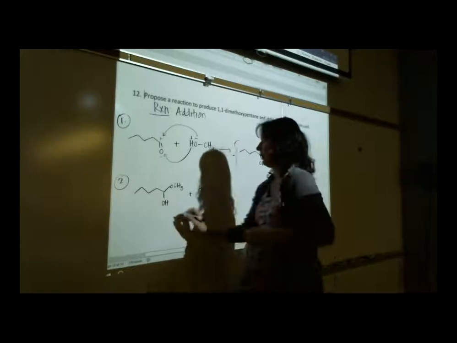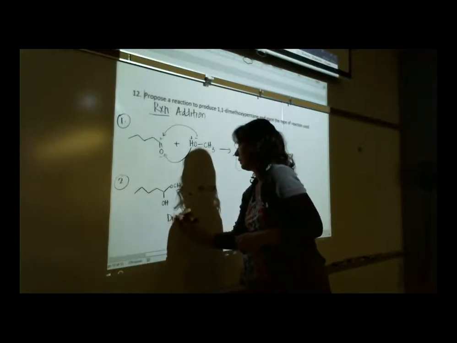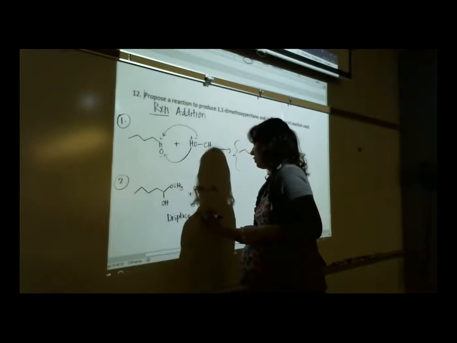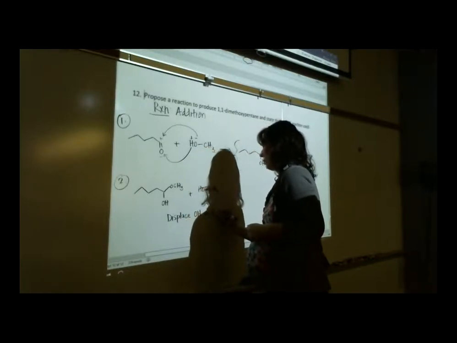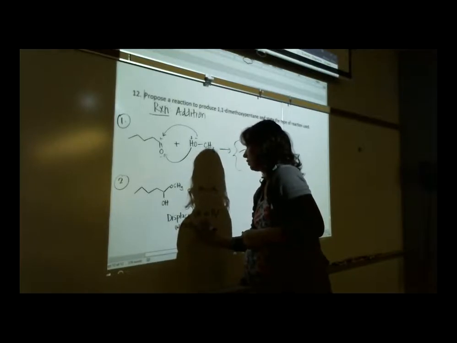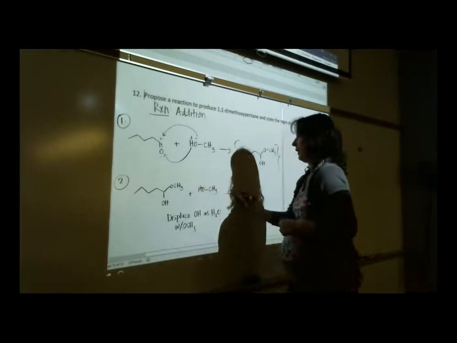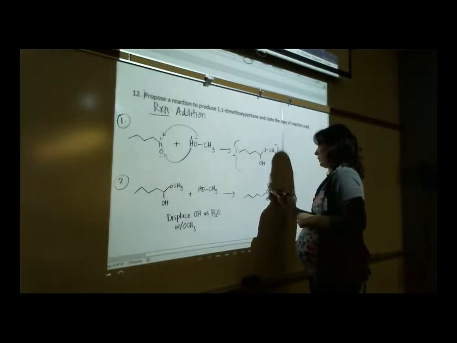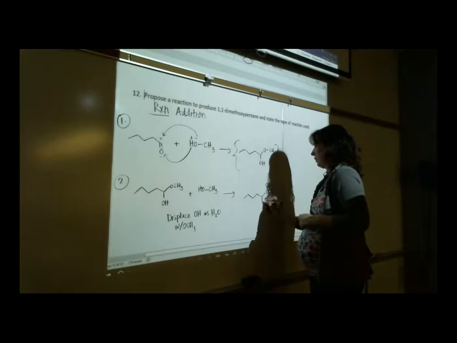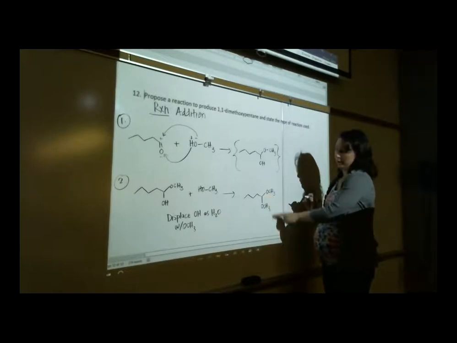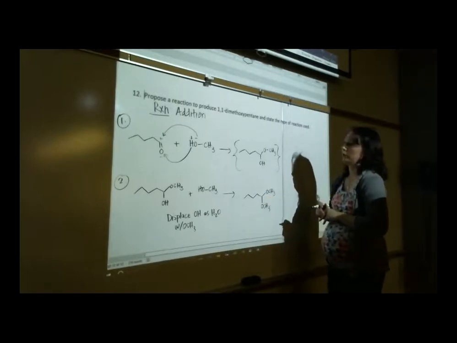We displace OH as H2O with OCH3. So we get 1, 2, 3, 4, 5, OCH3, OCH3, right? That's 1,1-dimethoxypentane. That's the product we're interested in.